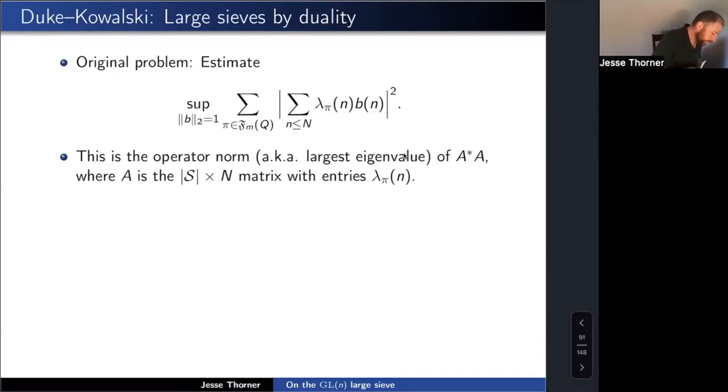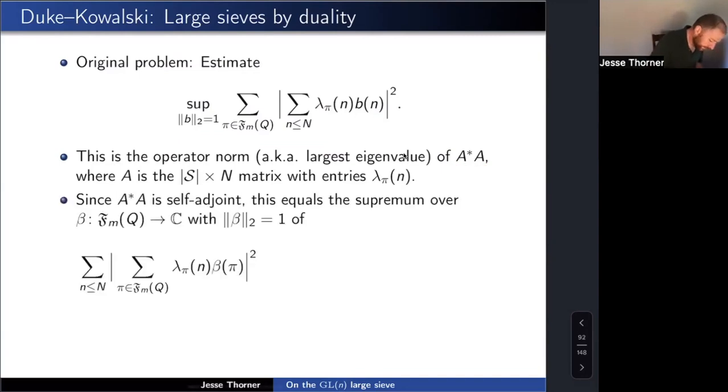And so we're looking at this as the operator norm of a matrix A star A, kind of like what I was saying before. We then apply the duality principle, and we're then able to relate this. This is in fact the supremum over all functions beta, going from my truncated universal family to the complex numbers with L2 norm 1, of this.